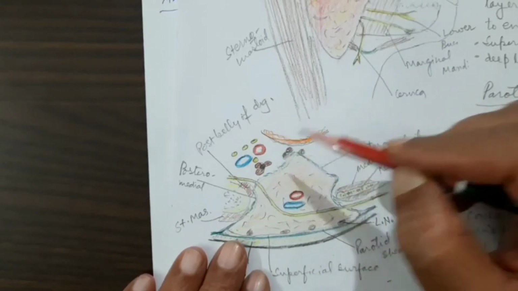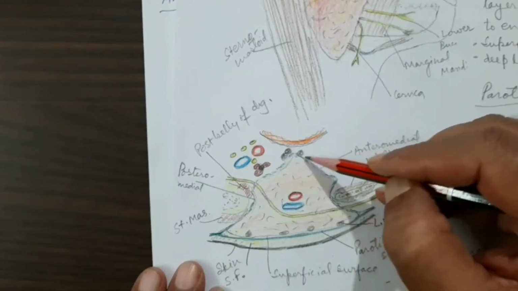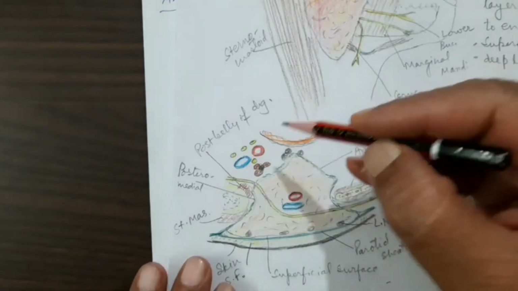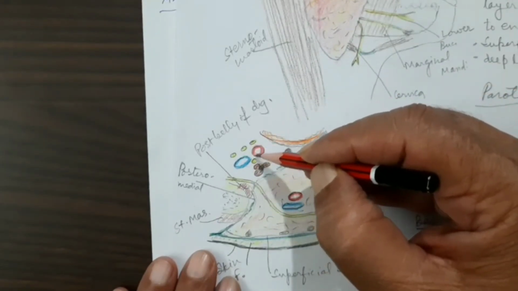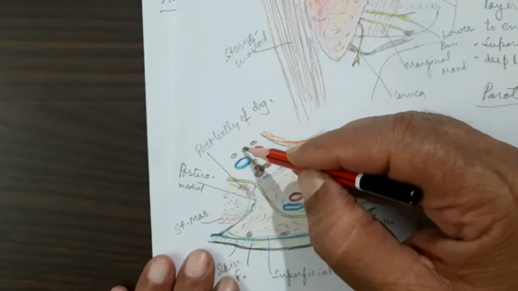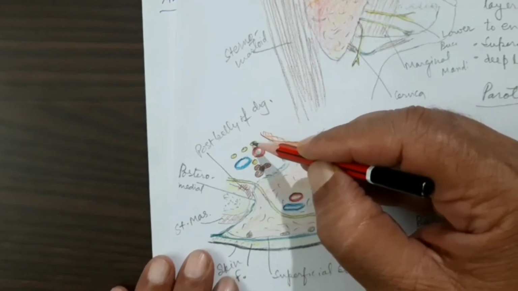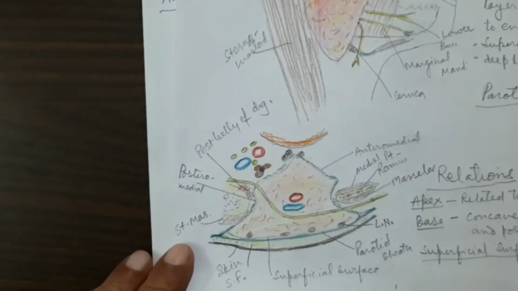There are lymph nodes which are deeply situated, the deep parotid group of lymph nodes. These are the nerves. This is the vagus nerve between the artery and vein, and then there are the 9th, 12th, this is the 12th nerve, hypoglossal, and the 9th and 11th cranial nerves. They are also related here.